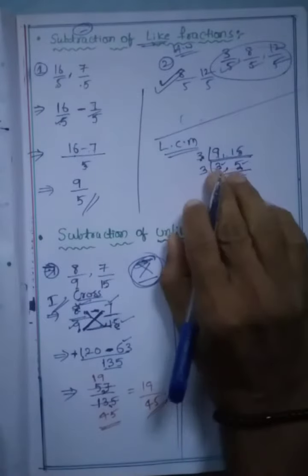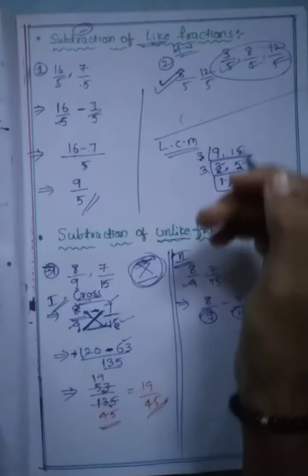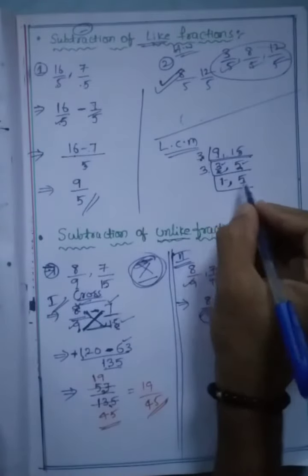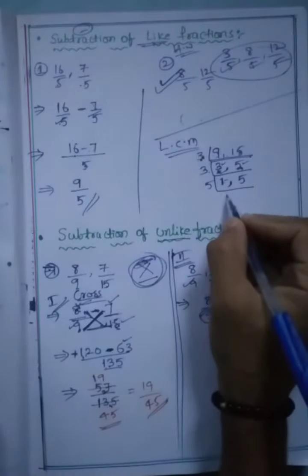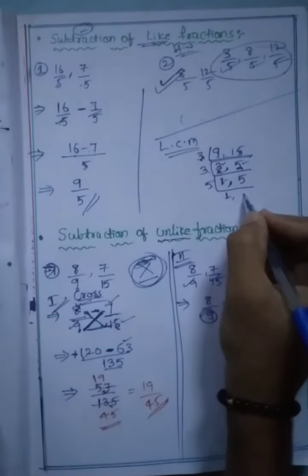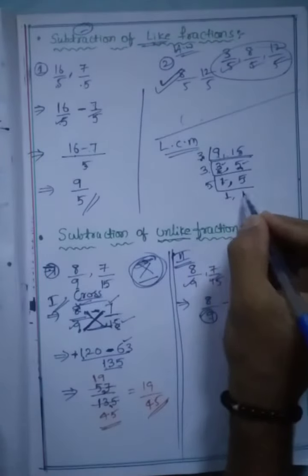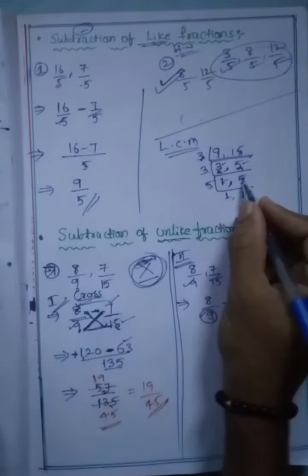You can stop the process here also. If you want to take several steps, then you can. Now 1 comma 5, take 5 here, write this one as it is. 5 into which number do you write here to get 5? 5 into 1. 5 into 1 is equal to 5.